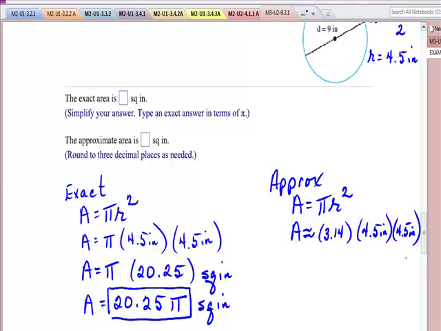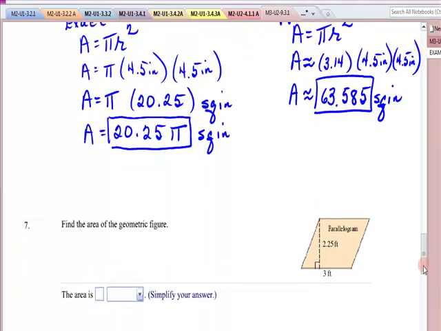So with my calculator, I will multiply those. And I get that the area is approximately, I got 63.585 inches times inches gives me square inches. Okay? Area of a circle as opposed to circumference.